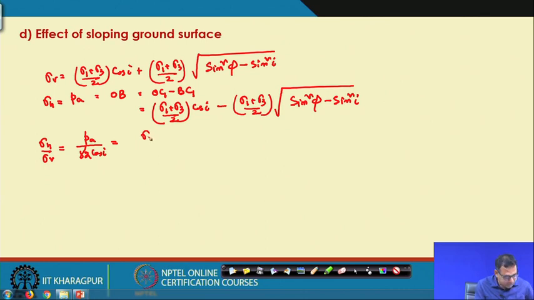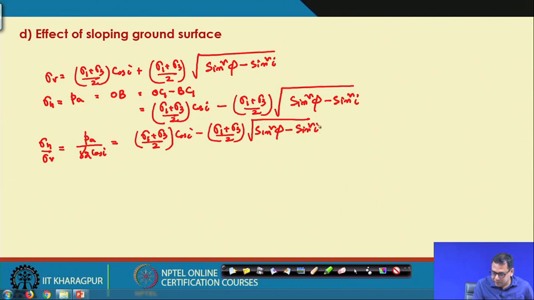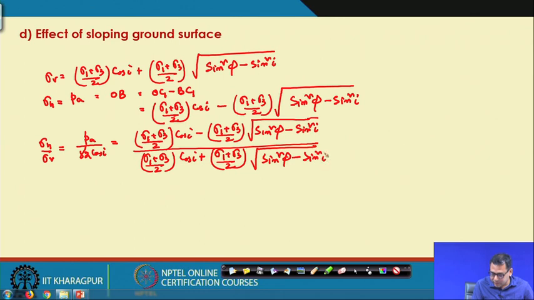So, this is (σ1 + σ3)/2 into cos i minus (σ1 + σ3)/2 root over sin²φ minus sin²i, and σv also I can write that: σv = (σ1 + σ3)/2 cos i plus (σ1 + σ3)/2 root over sin²φ minus sin²i.